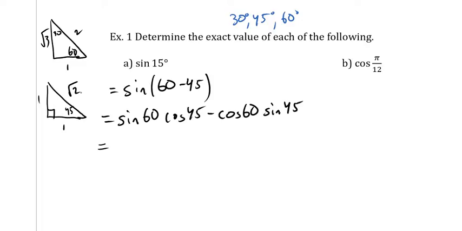So sine of 60 is root 3 over 2. Cosine of 45 is root 2 over 2. I'm going to write it that way. We're going to get used to just writing it that way, not writing it 1 over root 2 and then flipping it. Yes?